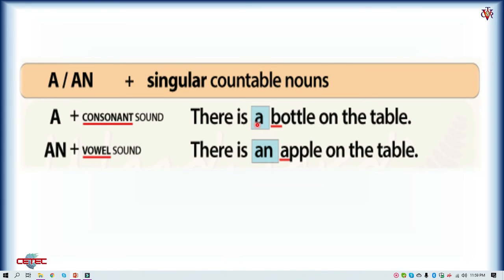Here, the a and the next letter is a consonant. There is an apple on the table. Here, an and the next letter is a vowel sound. Both of these words, a or an, mean singular. That means only one.